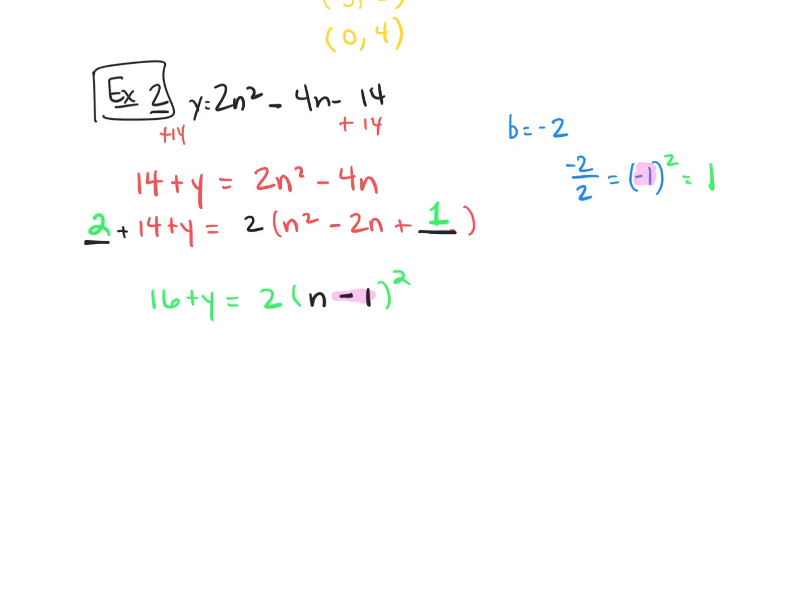Last step is to move the 16 over so that we have it in standard vertex form. Okay, and then that's done. This one we have a big number; moving over, this 16 right here is really large to graph, so sometimes it makes it harder when it's so huge, unless you have a big graph. Okay, so just practice completing the square.